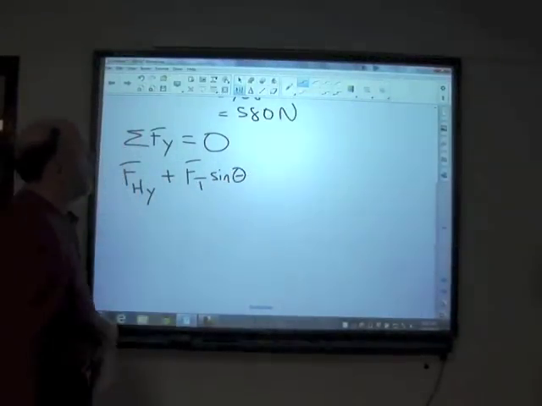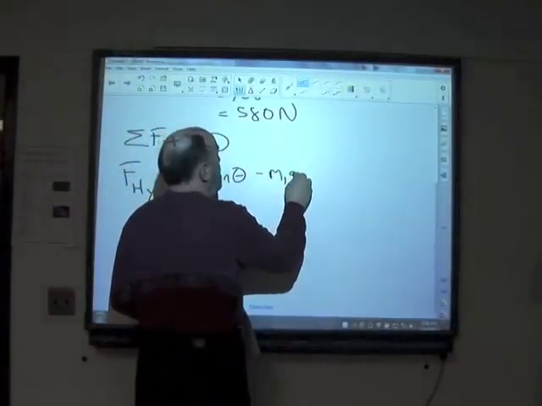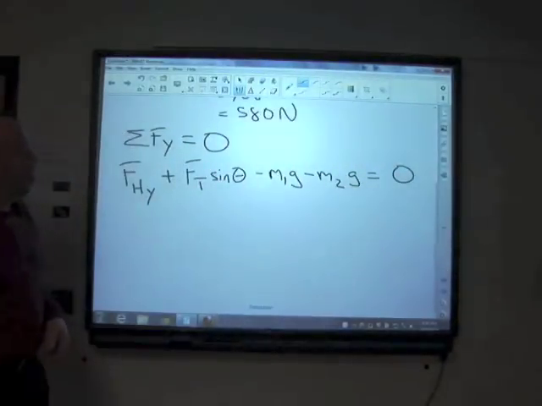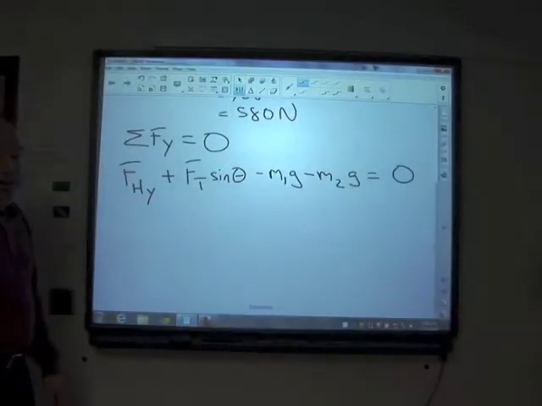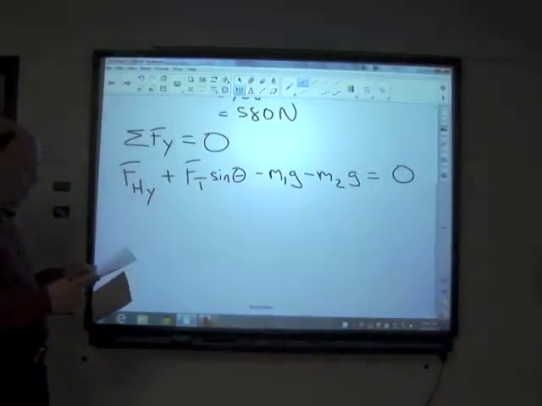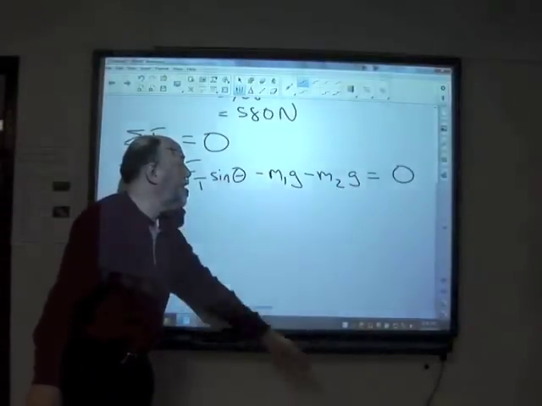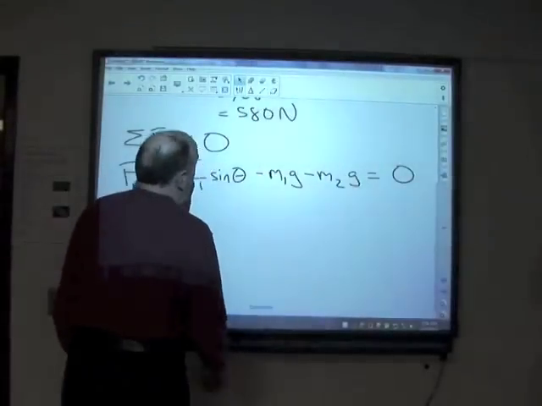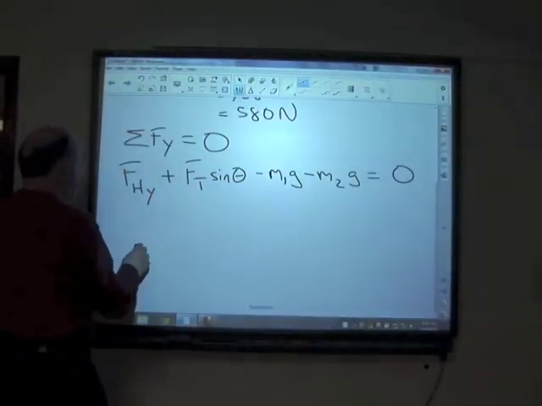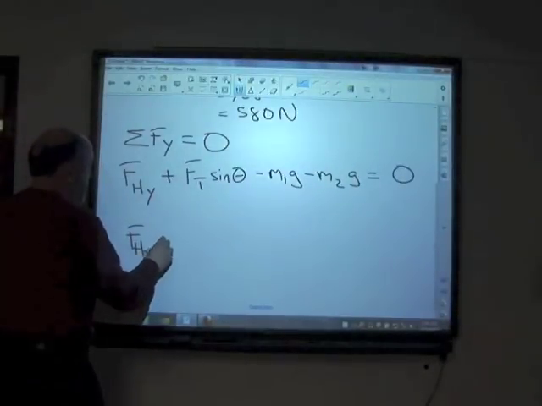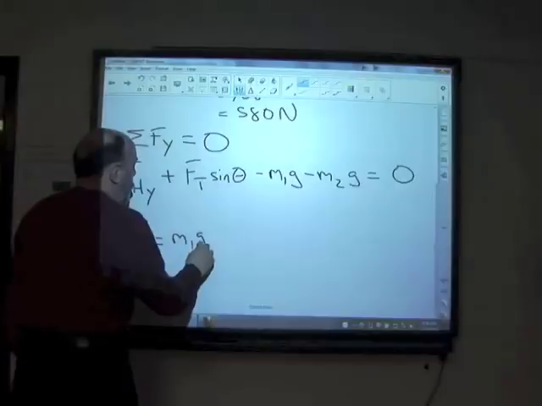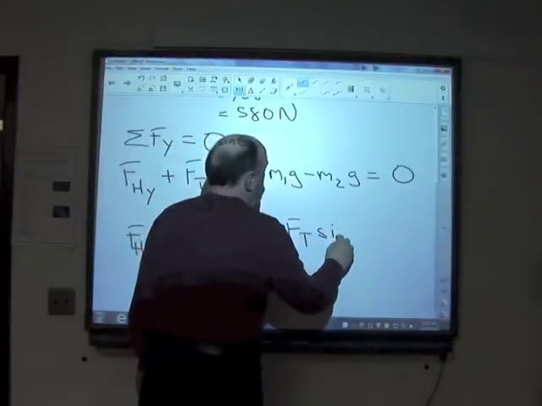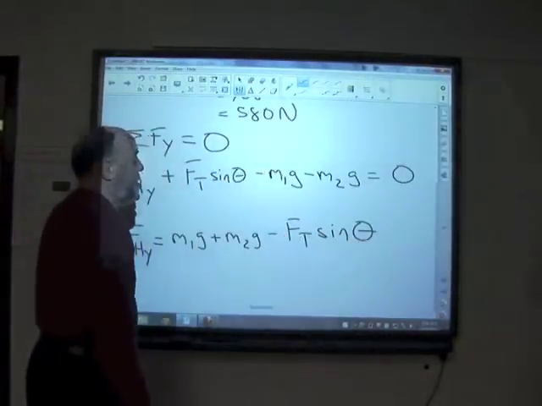We have my two weights, which are acting in the downward direction, so the weight of the beam and the weight of the sign are both acting in the negative direction. We know all the numbers here, so we can solve for this. The way I do that is by doing the opposite operation, and so the force of the hinge in the y direction will be given by m1g plus m2g minus Ft sine theta.